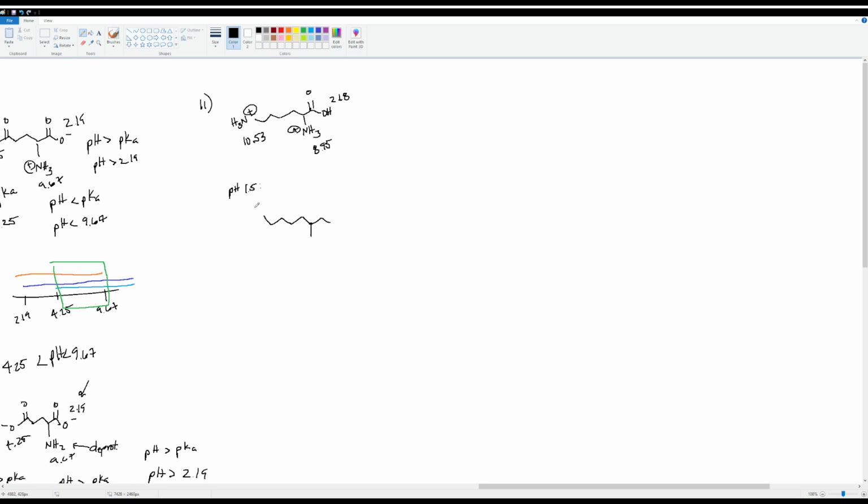Is pH 1.5 less than, equal to, or greater than the pKa of my R group, which is 10.53? So pH is less than pKa, and if pH is less than pKa, should my functional group be protonated or deprotonated?